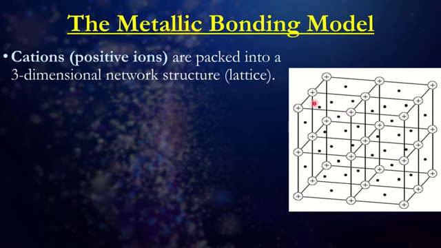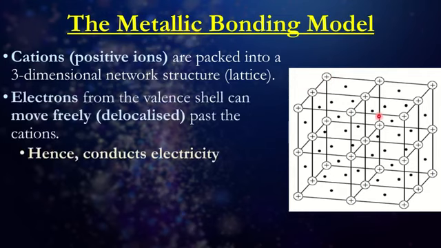Okay. Now, according to this metallic bonding model, a piece of metal is held together because the positive atom in the metal is surrounded by a series of free moving electrons. In chemistry, we call these delocalized electrons. These electrons are moving past these positive cations.